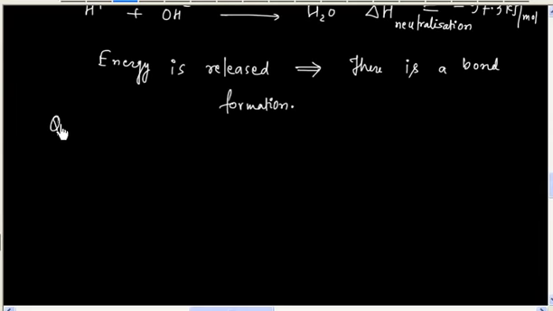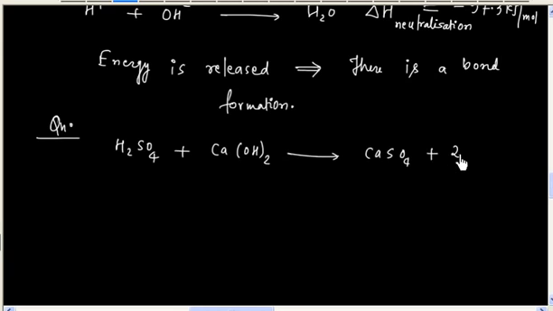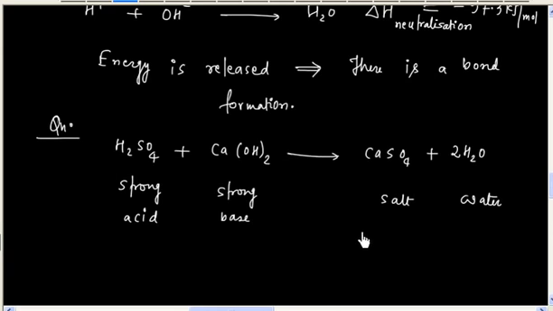Now let us say if I ask a question here, what will be the energy released in this process? Now see in this equation, this is again a strong acid, a strong base reaction. So we have a strong acid and we have a strong base and we have salt plus water. Now if you see this reaction, basically we have formed 2 mole of water.